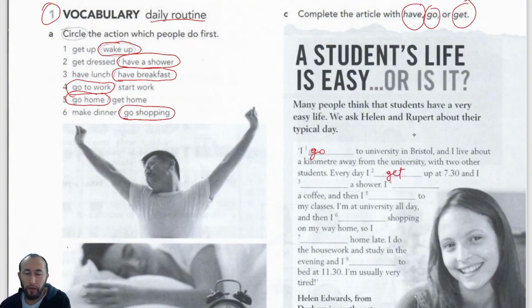So shower, we can say I have a shower, or I take a shower. There are 2 ways only. So we got have here, so we're going to go for have. I have a shower. A coffee. Obviously, I have. So we're going to put here I have a coffee.